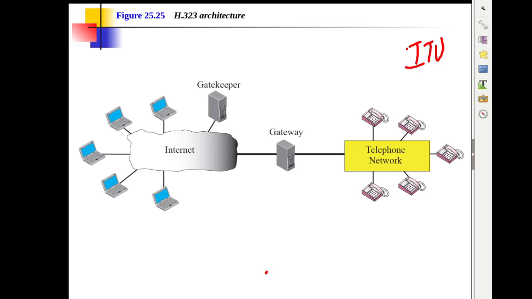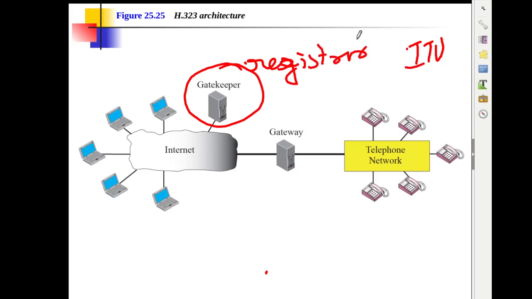This gatekeeper server on the local area network plays the role of a registrar server. This is similar to what we have seen in SIP. We have a registrar server. This keeps track of the IP address of the callee, right? So with that information, these can communicate now.